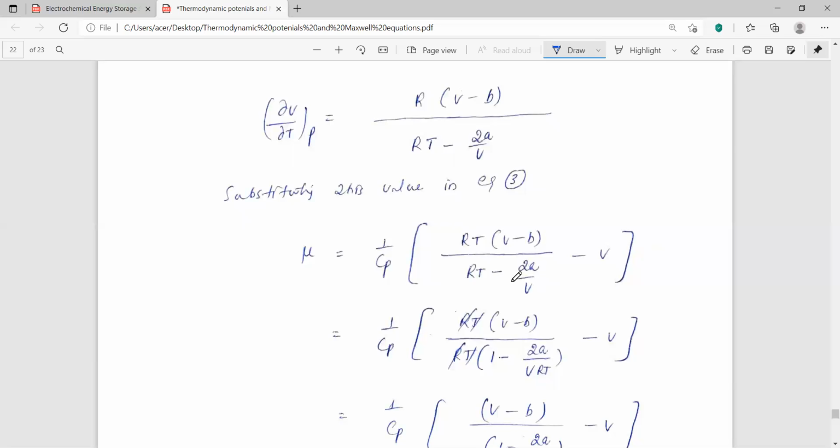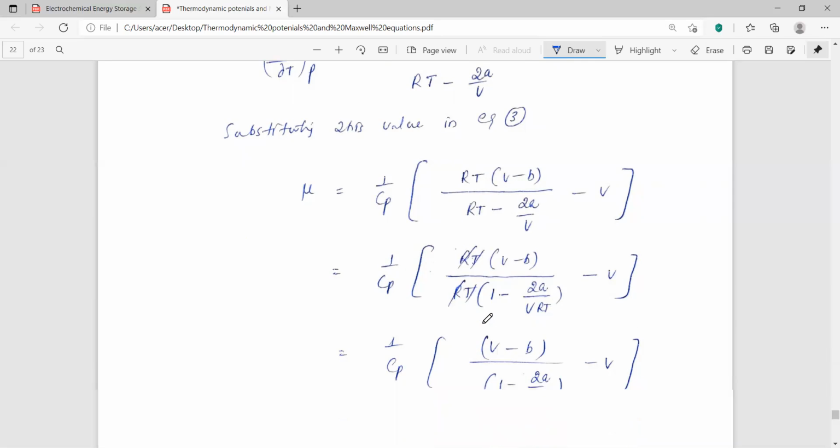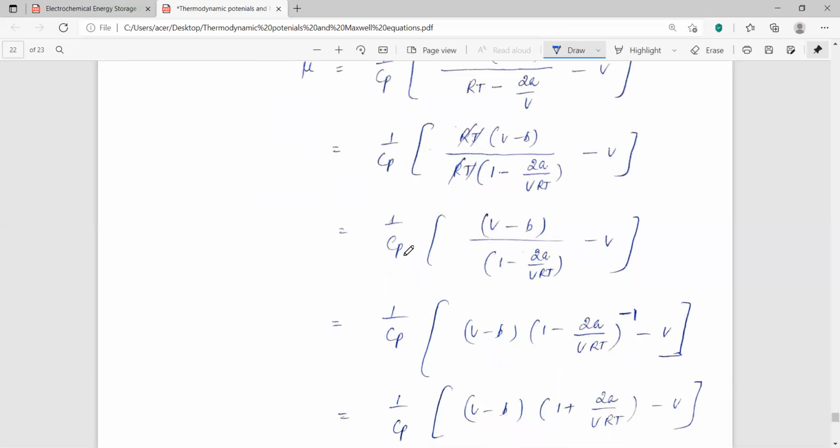If I take RT common here, I can get RT of 1 minus 2A by VRT. So, RT in the denominator, RT in the numerator will be cancelled out. I can get 1 by Cp of V minus B by 1 minus 2A by VRT, minus V.